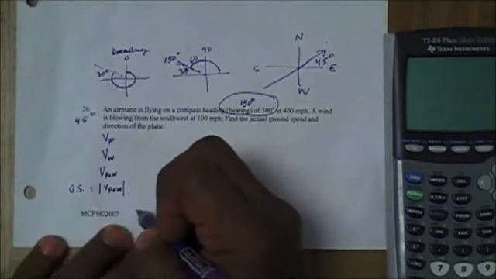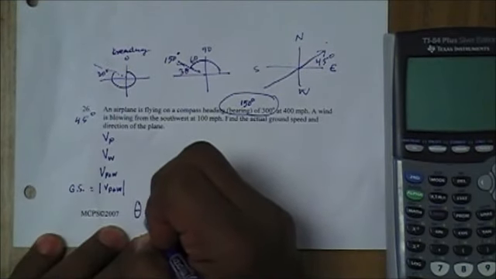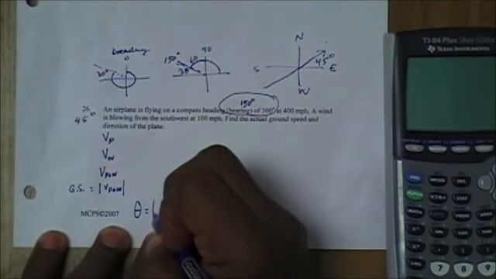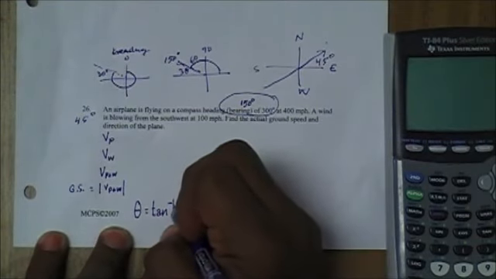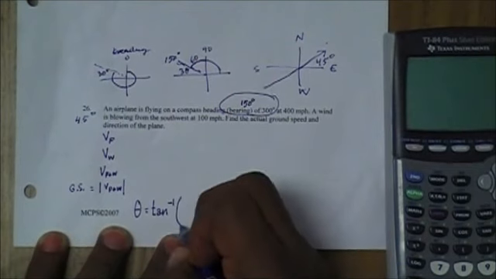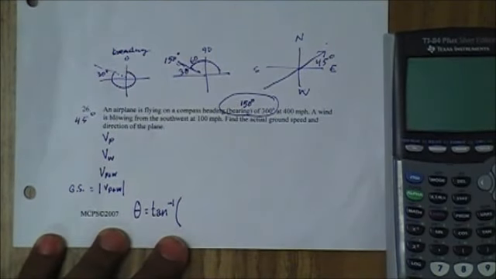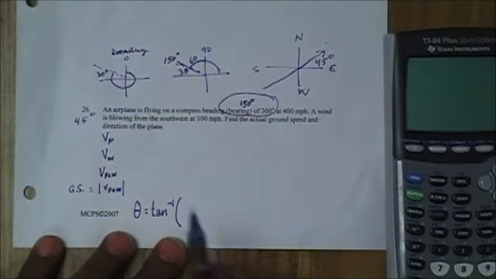Then we're also going to find the angle, the direction, and the direction is going to be inverse tan y over x. We're going to try to figure out which quadrant it is, depending on our values of our vector.